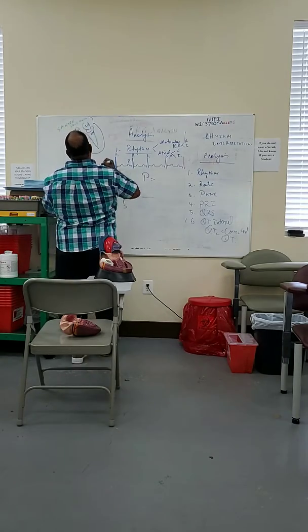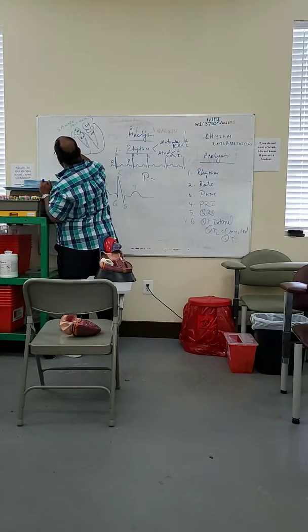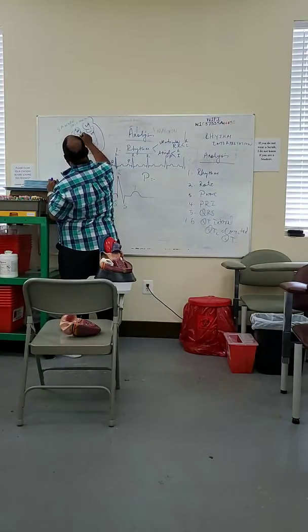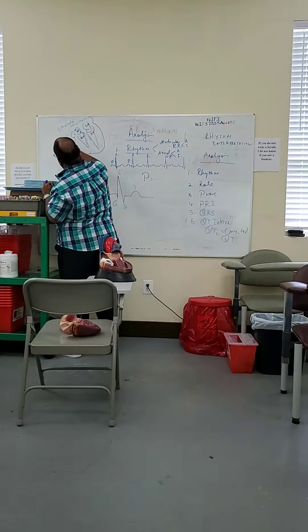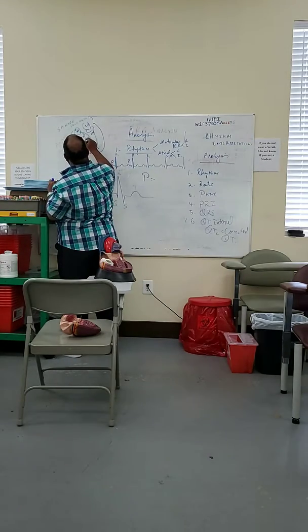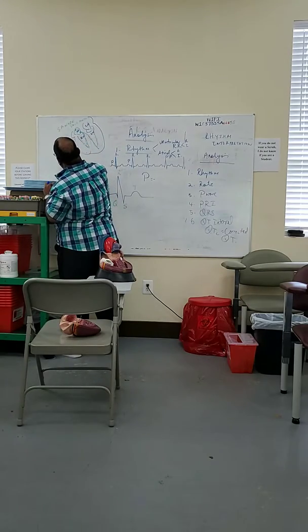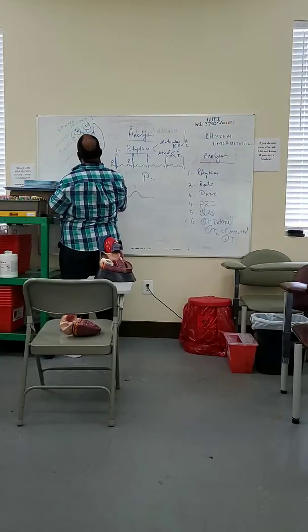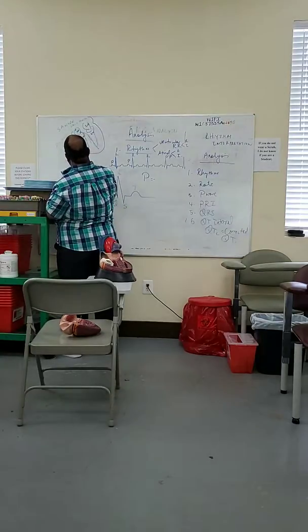Then the next will be AV node. Okay. Then this is the bundle of His. And these two, these are the right and left bundle branch. And we have the Purkinje fibers finally, that go to the whole of the ventricles.